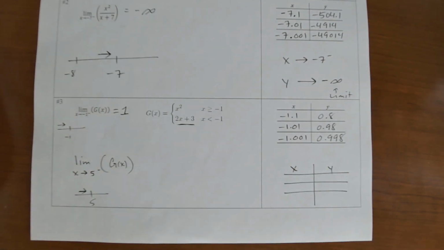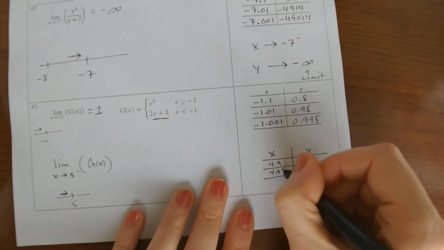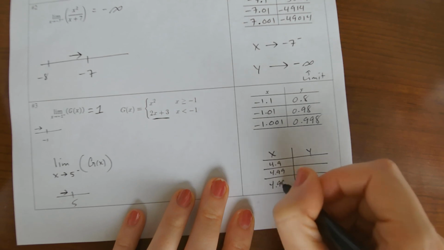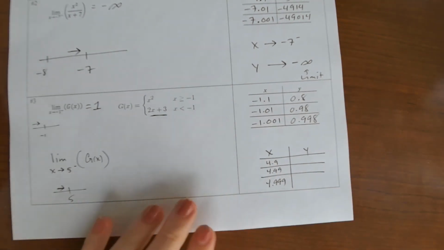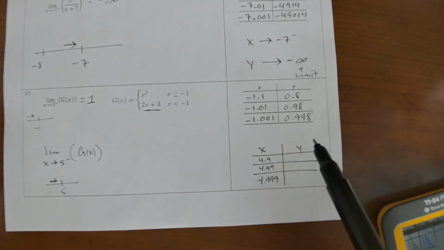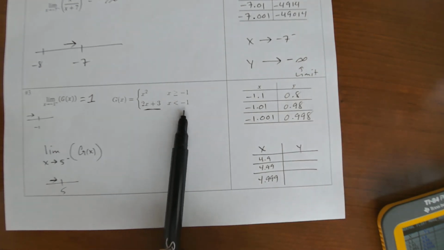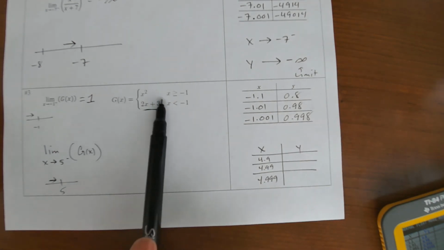Now, for this example, we want to approach 5 from the left. Approaching 5 from the left is like 4.9, 4.99, 4.999. So what am I plugging into? These numbers are not less than negative 1, so I wouldn't be using this piece.